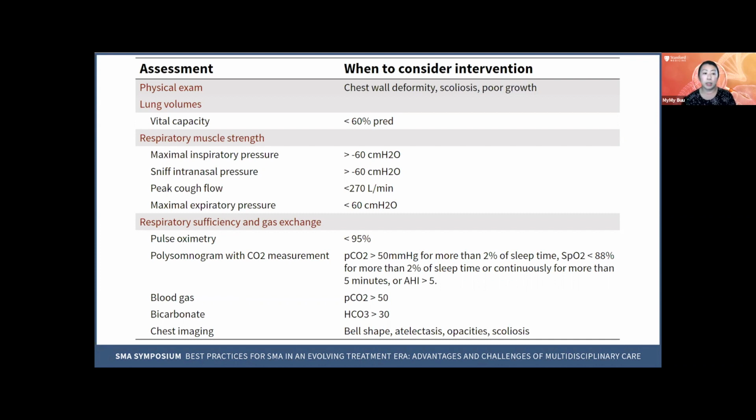We also recommend polysomnograms and will intervene if the PCO2 is greater than 50 for more than 2% of the sleep time, or the oxygen saturation is less than 88 for more than 2% of the sleep time, or for more than 5 minutes, or the AHI, the apnea-hypopnea index, is greater than 5. For blood gas, we will intervene if the PCO2 is greater than 50 or the bicarbonate is greater than 30. And for chest imaging, we're looking for bell-shaped chest, atelectasis, abnormal opacities, or scoliosis.